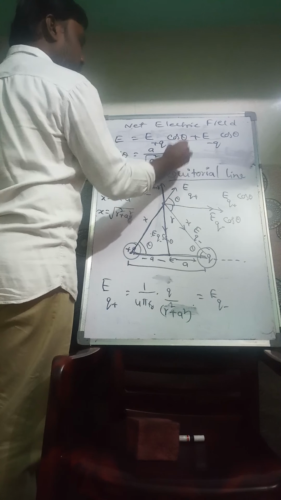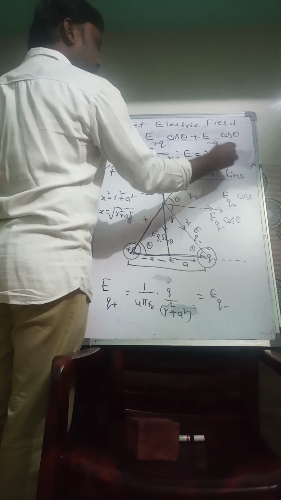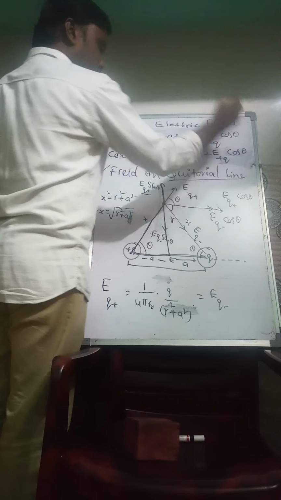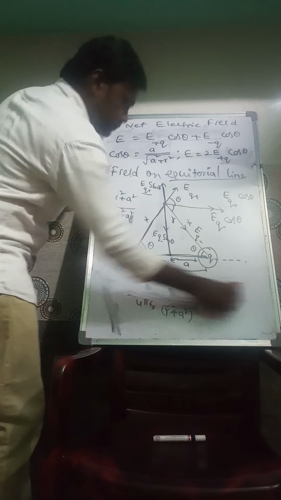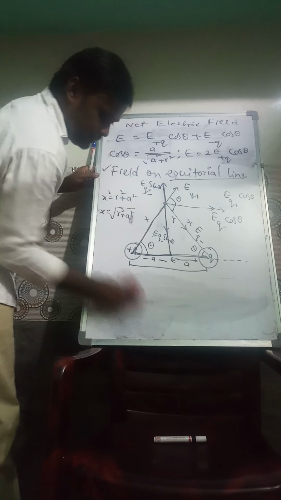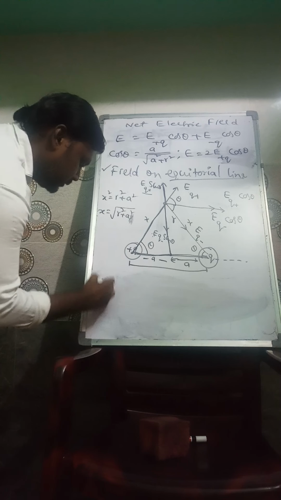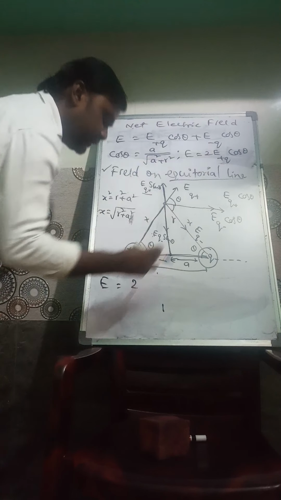So therefore E is equal to, both are having the same value, so E plus Q cos theta. Previously I wrote, what do you mean by E plus Q?